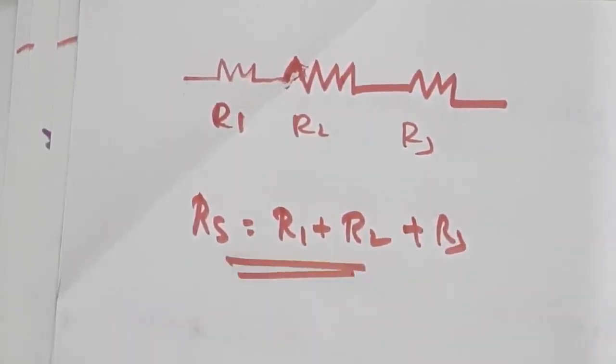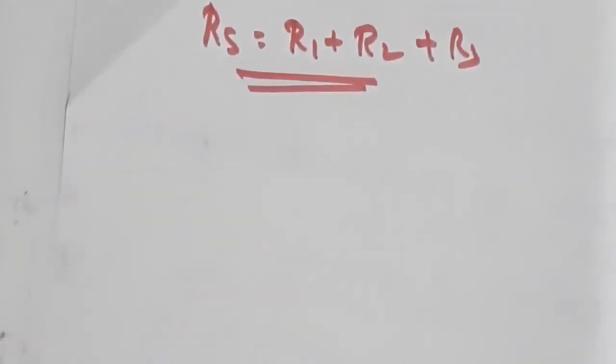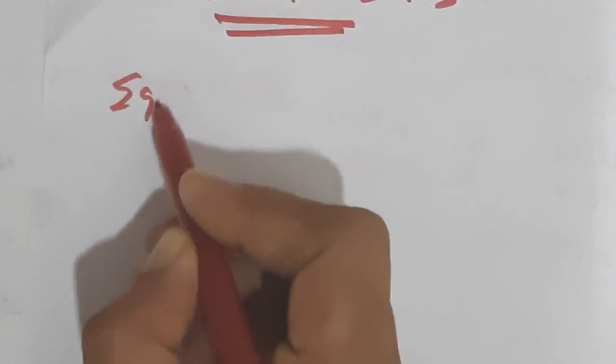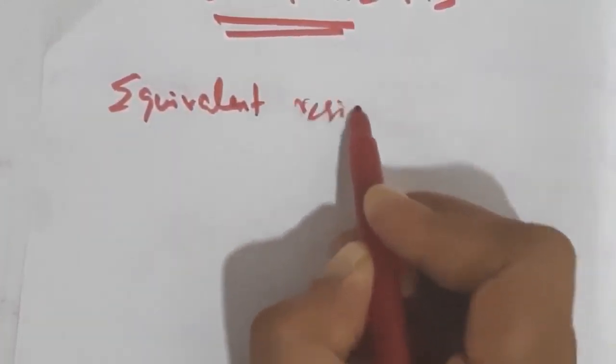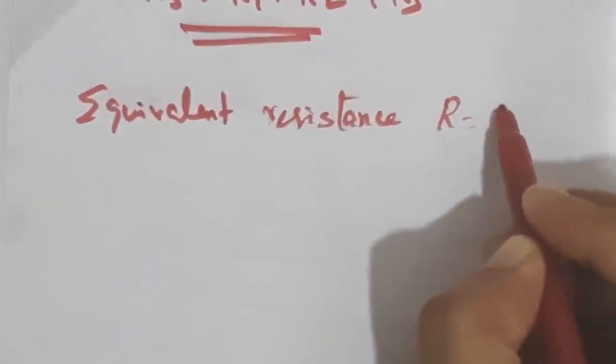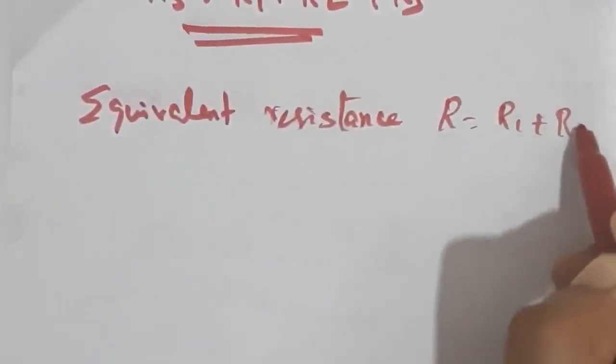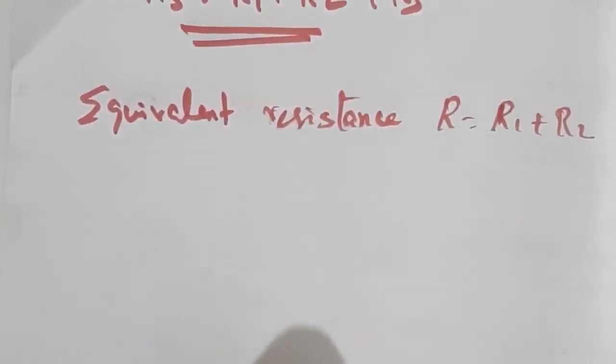So when the resistors are connected in series, we have to add all the resistances. So this sum is explaining the addition of two quantities. Am I right? So equivalent resistance R is equal to R1 plus R2.